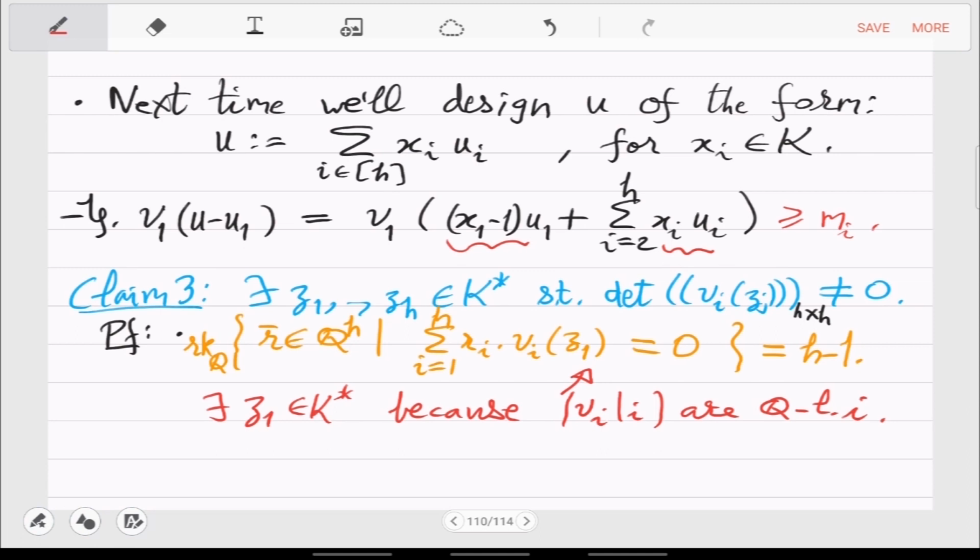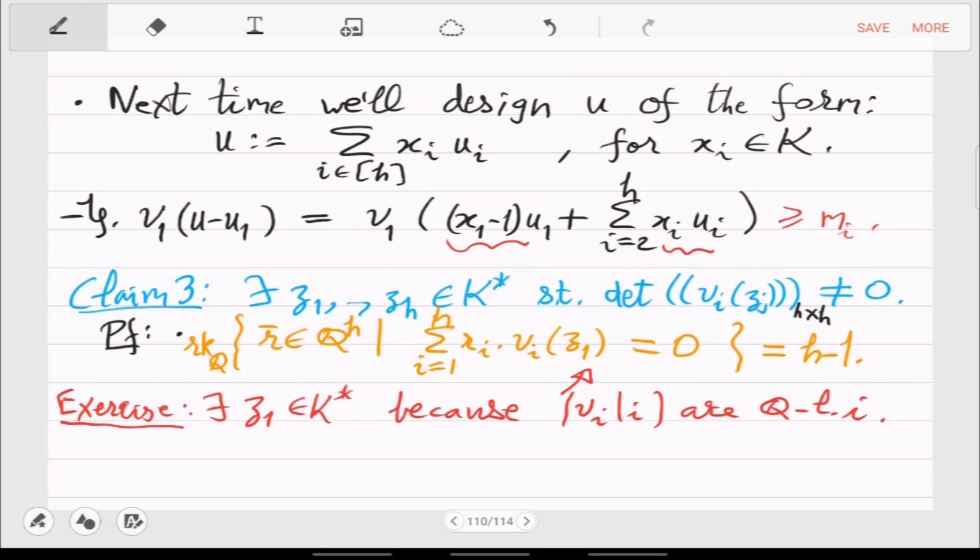And you have shown that these vectors V1, V2 dot dot Vh are linearly independent, right? So it basically means that there has to be a Z1 at which this rank is smaller than expected. It's smaller than the maximum, which is H. Do you see this? So just prove this by linear algebra. And claim 2, we have shown claim 2. That was the important thing.